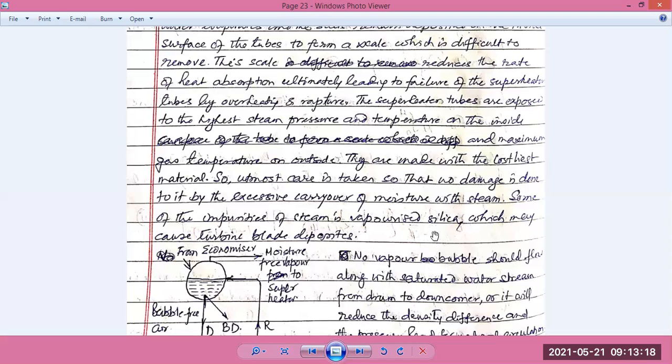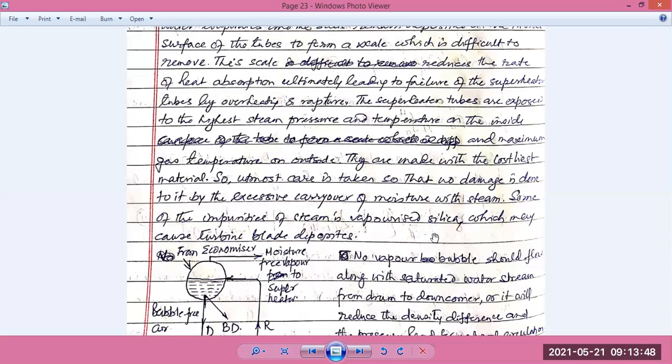Now, one of the impurities in the steam is vaporized silicon. It is not creating any coating on the superheater walls, but during the impinging of the vapor on the turbine blade, it is deposited on the turbine blade, which is not desirable at all.